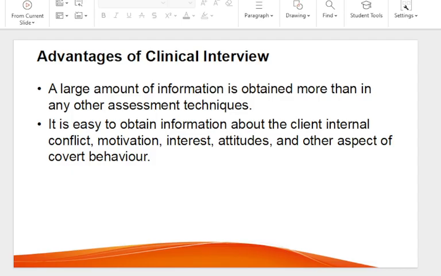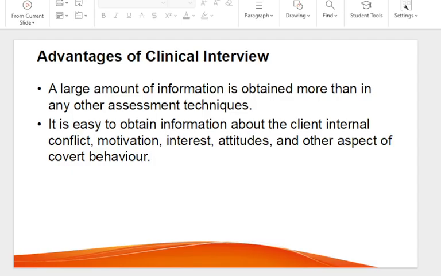Now, with clinical interview, you have a larger pool of information because the client is able to express themselves to their best knowledge. So with case history, you are going through every iota of their life, and then you have a large amount of information to draw conclusions from.